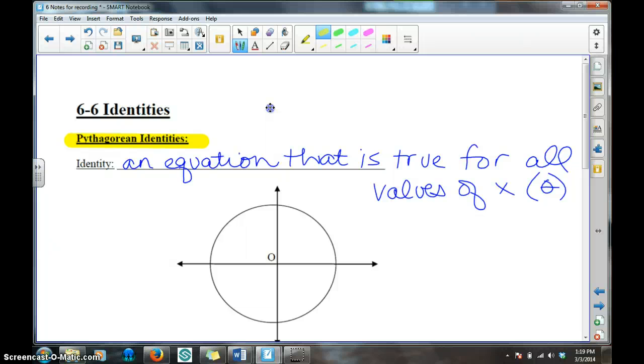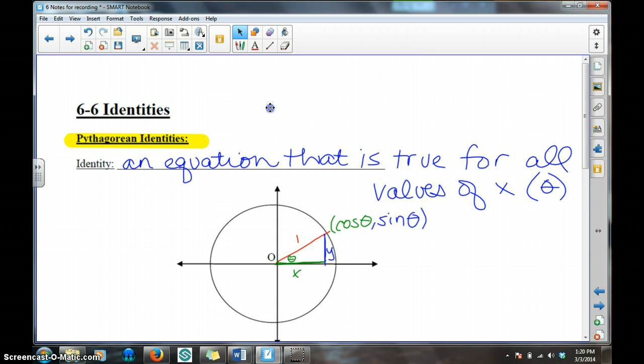Virtually everything in trig these days comes from the unit circle, and it comes from the fact that in a unit circle whose radius is 1, the horizontal distance to get to that point is x, but we've actually labeled it the cosine of theta, and the vertical distance to get to that point is y, but we've actually labeled it as the sine of theta. Does everybody know where I'm getting all that from? Hopefully I haven't said anything that is unique or new to you, because this is what we've been doing for about 2 weeks.